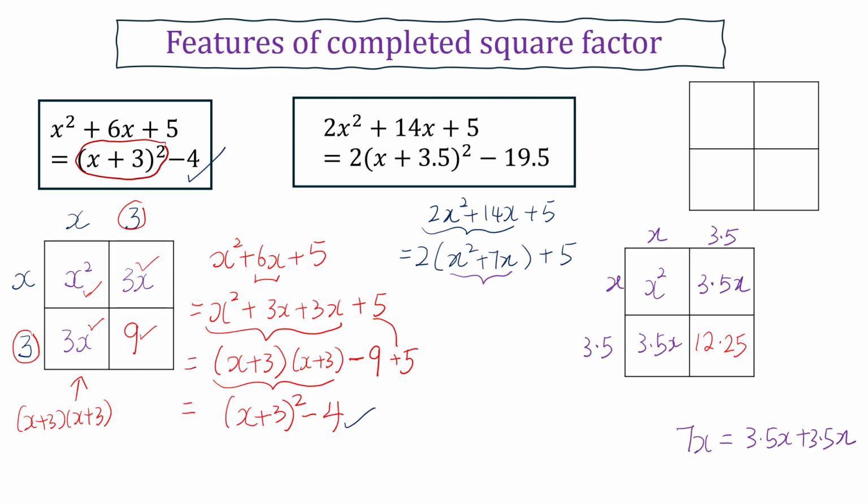Okay, so let's continue. That will be equals to, we need a huge square bracket. Oh no, we don't need a square bracket yet. It's still a bracket. So that will be x squared plus 3.5x plus 3.5x plus 12.25. Oh dear.